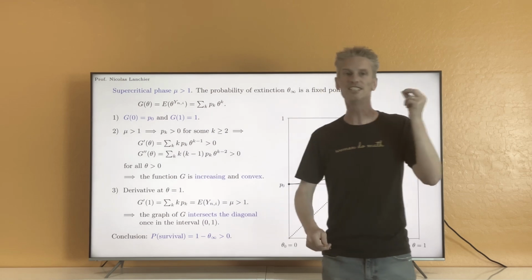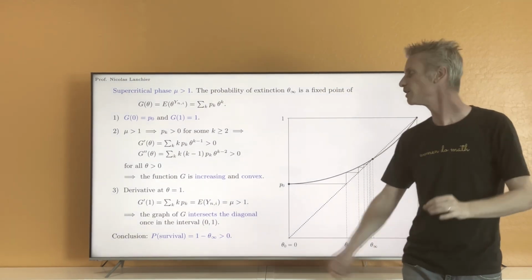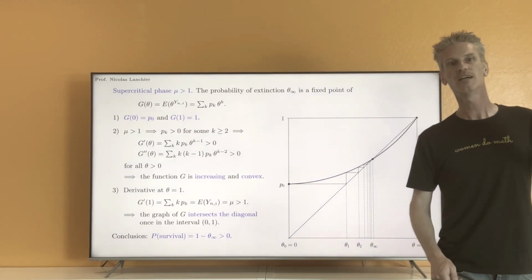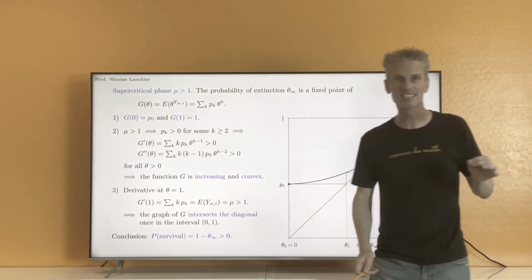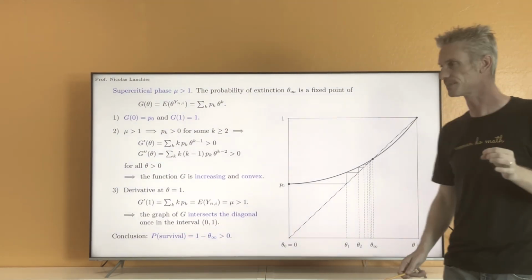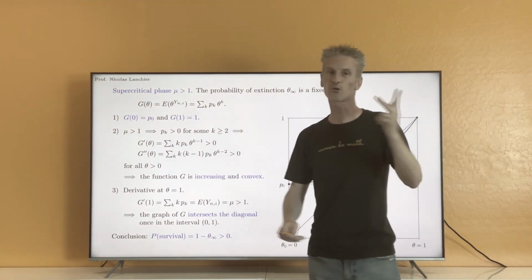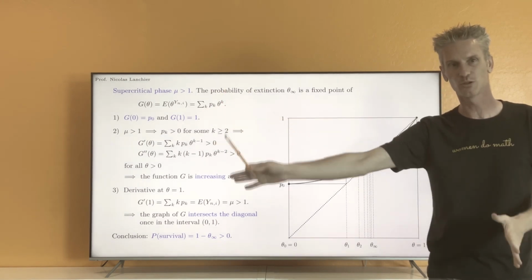If your individual can only give birth to 0, 1, or 2 offspring, then we know how to find the exact solution of this equation. We can find exactly theta infinity. Then assume now that p3 is also strictly positive, but all the other ones are equal to 0.